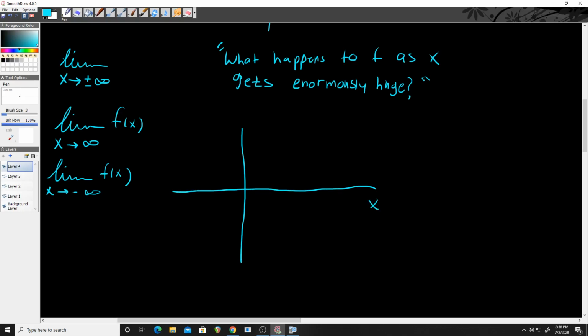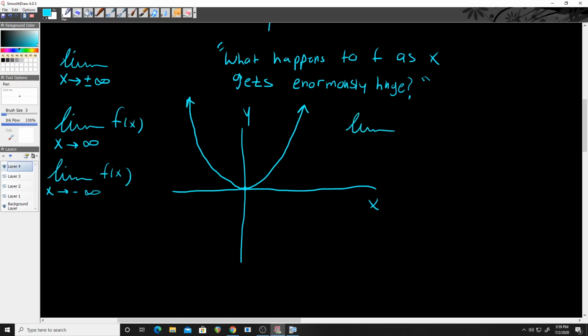Okay, so xy axis. You could have a situation like this, for example the function y equals x squared. In this case, as x gets bigger, you're squaring big numbers, and if you square a big number, it's going to get way, way bigger, right?